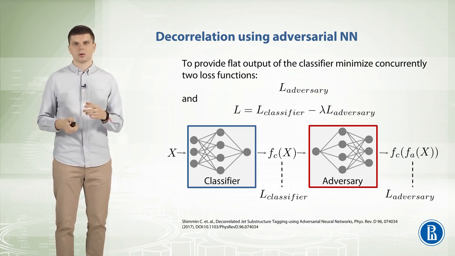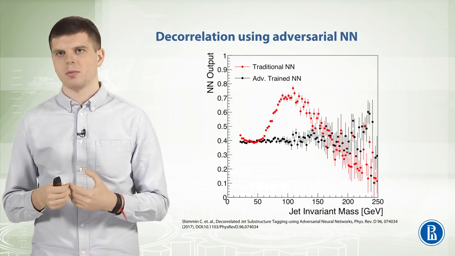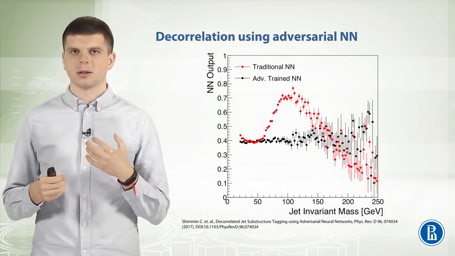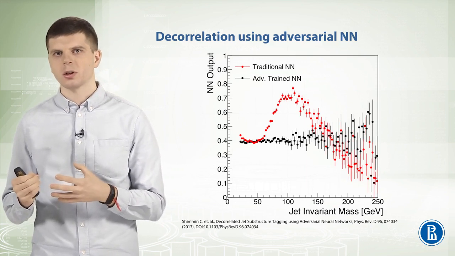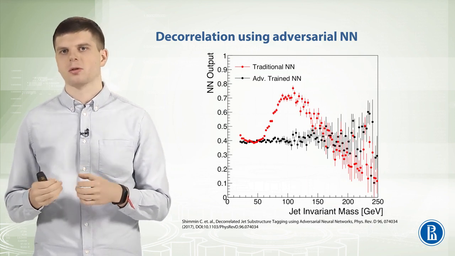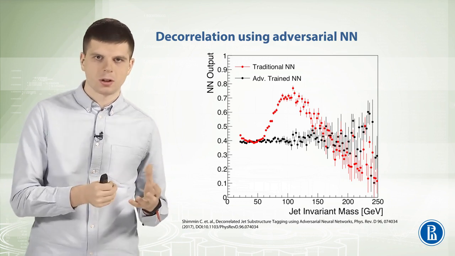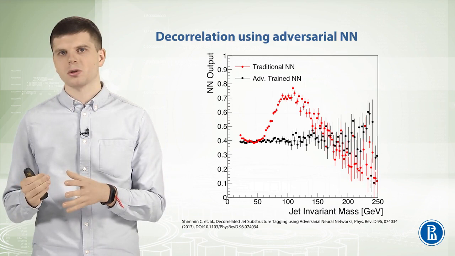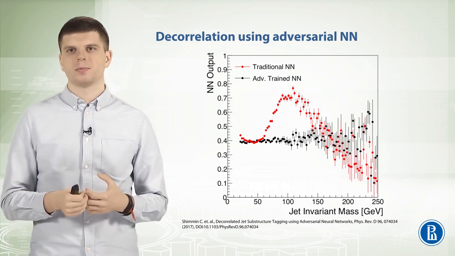Consider how this approach works. The figure on the slide is taken from the original paper, and it demonstrates outputs for the decorrelated adversarial network compared to the traditional neural network. The black curve corresponds to the decorrelated network, and the red curve corresponds to the traditional neural network without the adversary part.